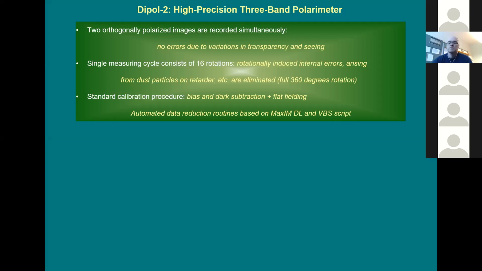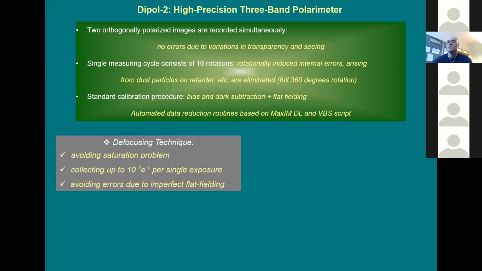For calibrating the images and reducing polarization, we use automated data reduction routines, which are based on the MaxIm DL software and VBS, Visual Basic Scripts. There are 2 key ingredients which make our polarimeter effective for both domains. First of all, it's defocusing.